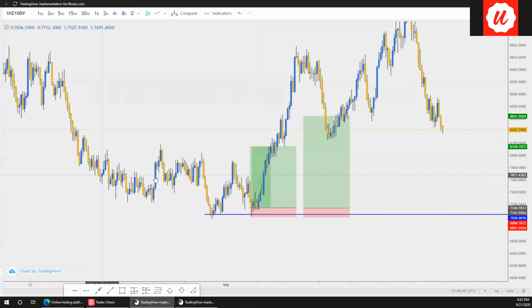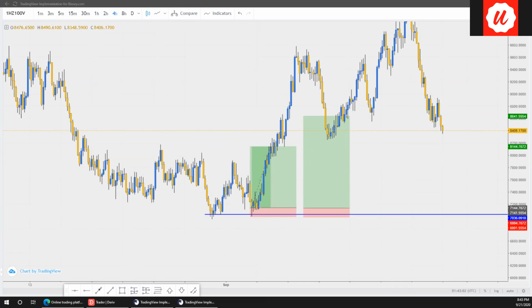So the risk management criteria for this is slightly different. For high frequency volatility index 100, I would use a risk to reward of 1 to 8 or 1 to 10, and the stop loss would be between 100 to 150 pips, depending on which time frame I enter on, right?